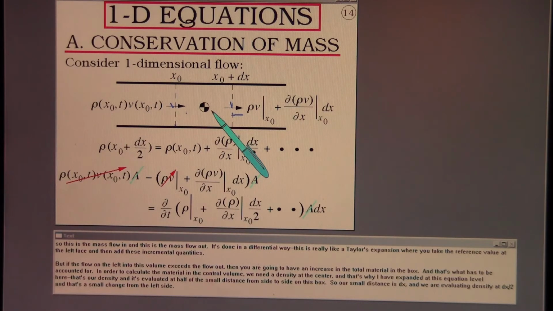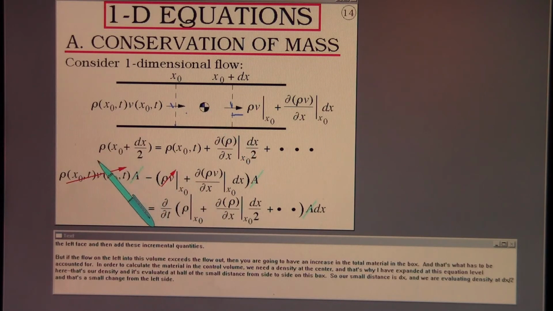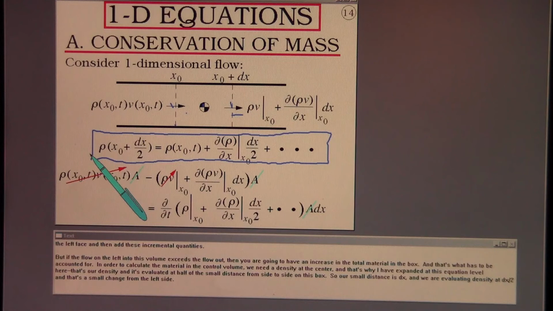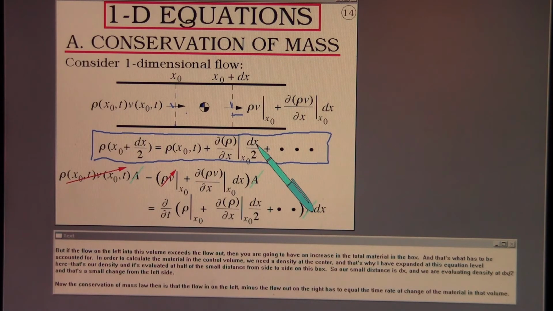In order to calculate the material in the control volume, we need a density at the center, and that's why I have expanded at this equation level here. That's our density, and it's evaluated at a half of the small distance from side to side on this box.